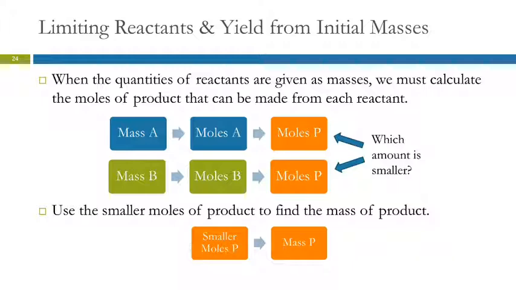If you like a different way that works for you, that's absolutely fine. This is what your book talks about. So you start with the mass of each of your reactants, you calculate the moles of the reactants and then the moles of the product, and then they say, well, stop here and look at which one of these is smaller. Take the smaller one and then convert to product. So that is entirely valid.